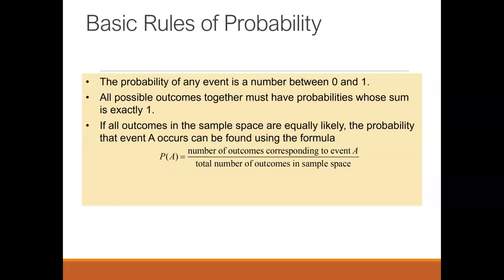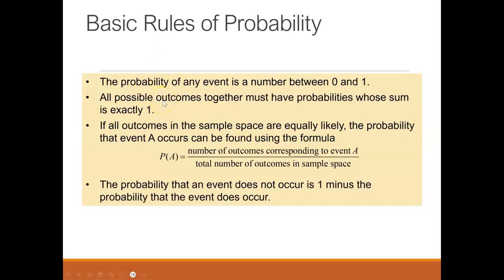So it's basically just like a percentage, right? Part out of whole. And then the probability that an event does not occur is 1 minus the probability that the event does occur. That's what we would call the complement property.